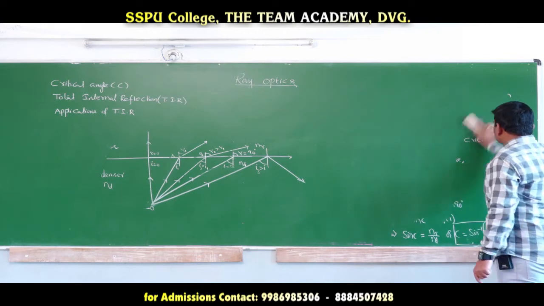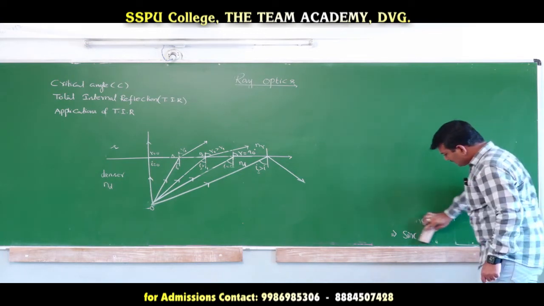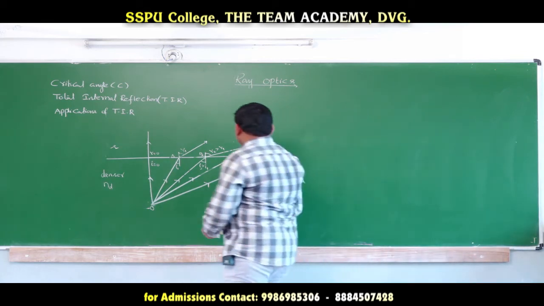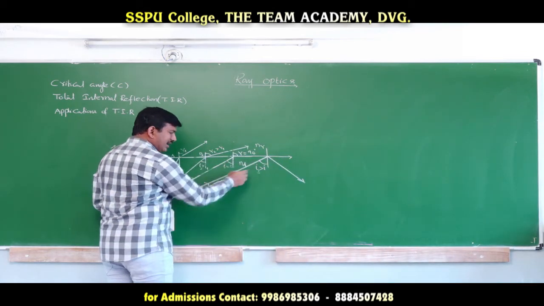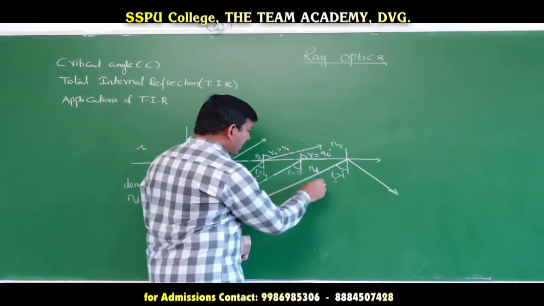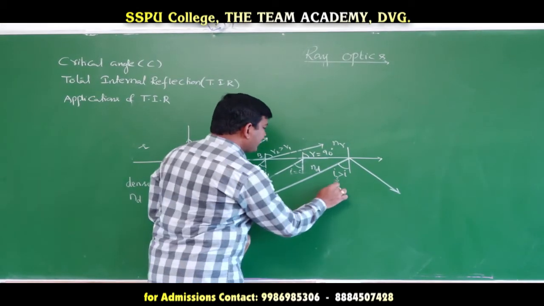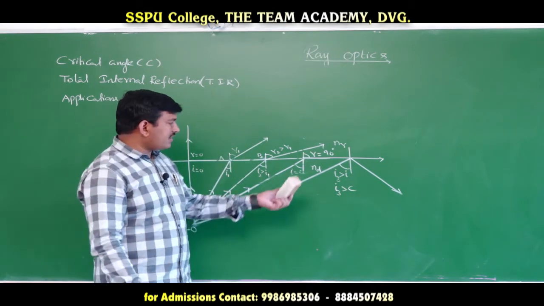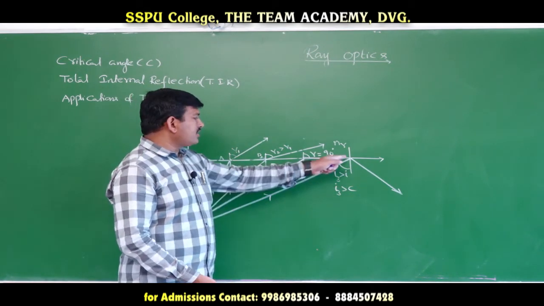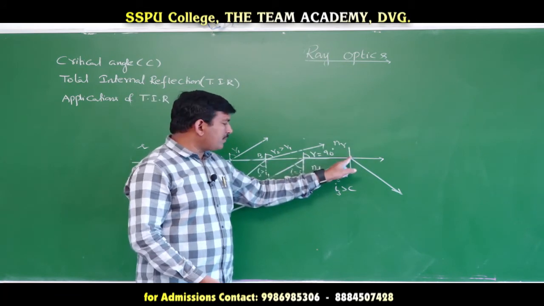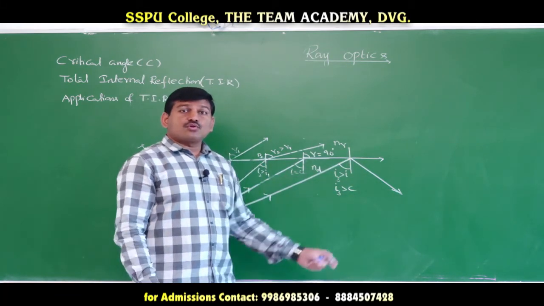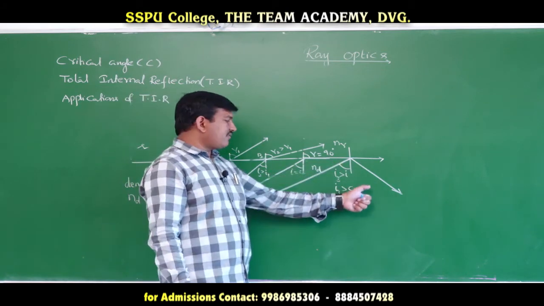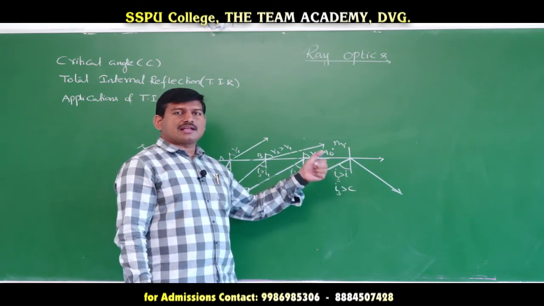From the figure, it is clear that for an angle more than the critical angle, here I3 is greater than C. If the angle of incidence is greater than the critical angle, what happened? There is no refraction. The light ray is completely reflected. So totally reflected here. For what angles is it totally reflected? It is reflected for angles more than the critical angle.